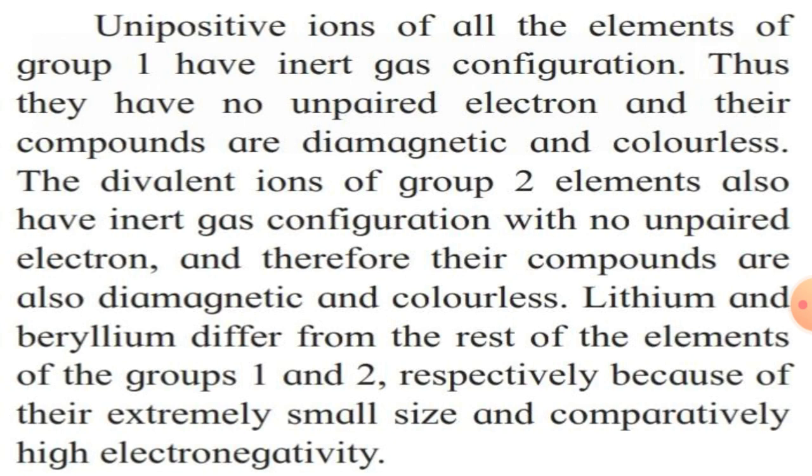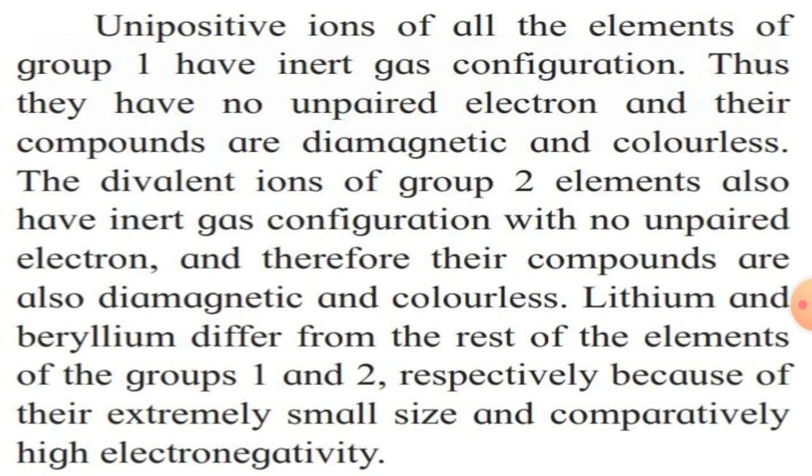The divalent ions of group 2 elements also have inert gas configuration. Group 2 elements do not have any unpaired electron, hence they are also diamagnetic in nature and colorless. It is the same as the property of group 1: as they are converted into ions, they have inert gas configuration.